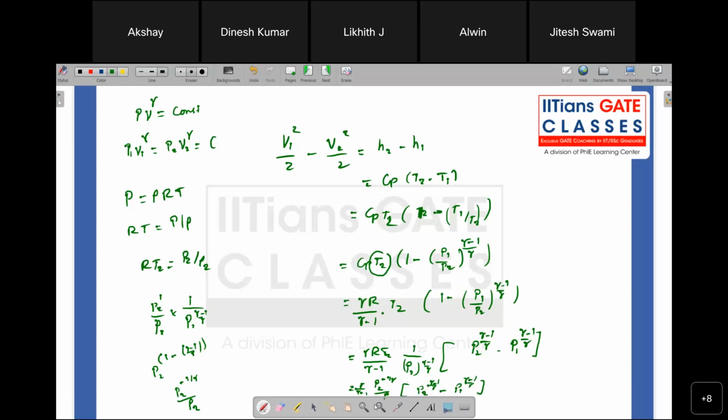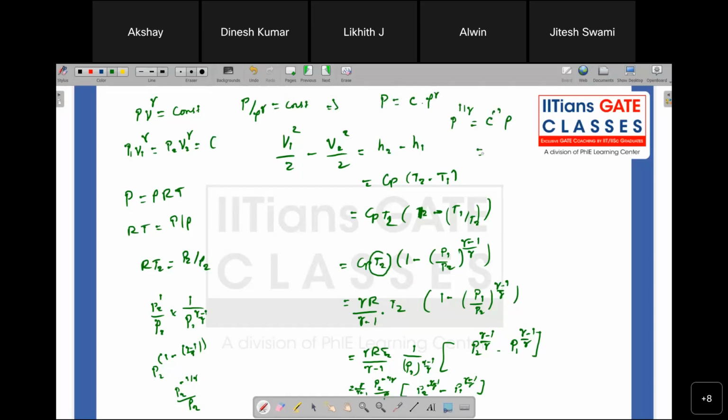So now the interesting question is P2 power 1 minus gamma divided by rho 2. If I look at the isentropic relation, that is nothing but P by rho to the power of gamma is equal to constant, or I can also write P is equal to C times rho to the power of gamma, or if I take the gamma to the other side, that becomes P to the power of 1 by gamma, which is equal to constant to the power of something times rho, and the constant to the power of something is again constant.